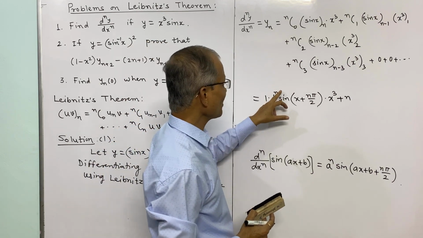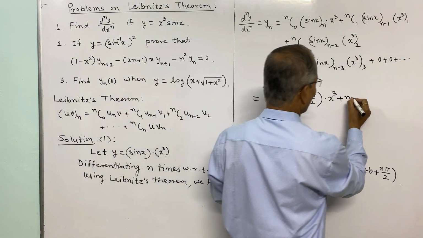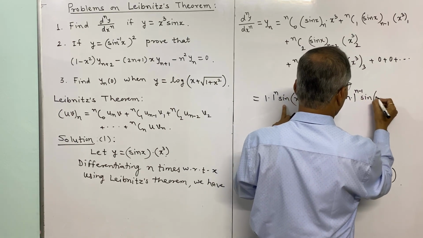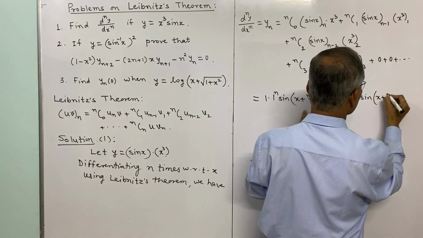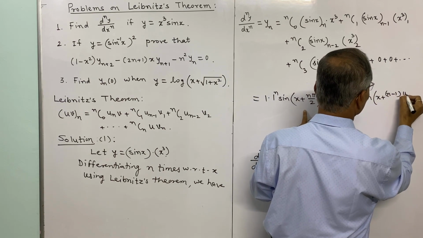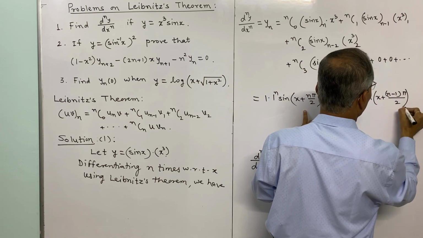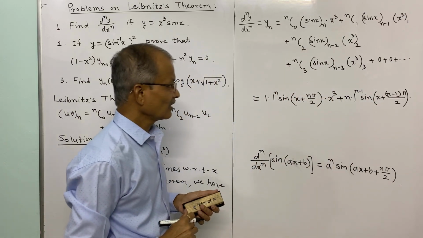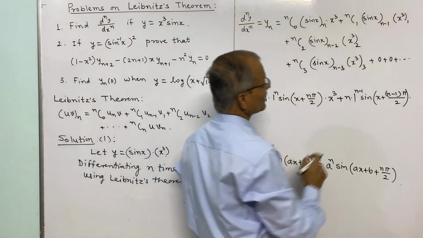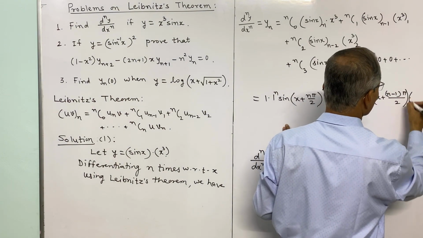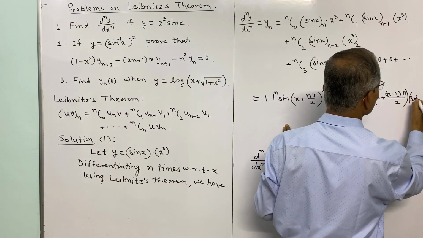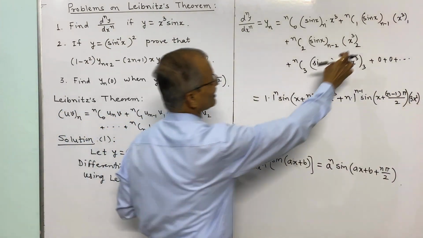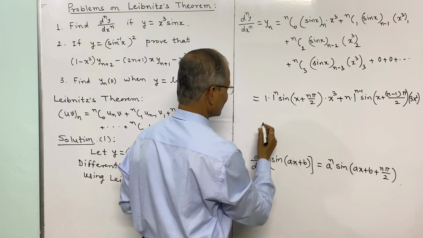So it is 1 to the power n minus 1 sine of x plus n minus 1 times pi by 2, and multiplied by the first derivative of x cube. Now what is the first derivative of x cube? That is 3x square. So I shall write here 3x square. And so thus we have written this term, plus nc2.